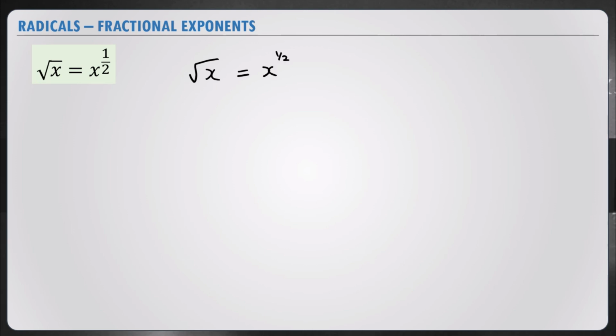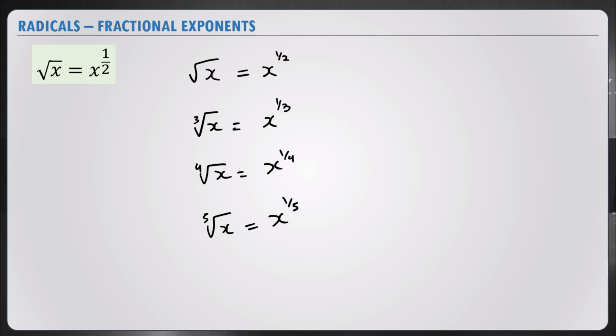Instead of square root of x, think of it as x to the power of 1/2. And cube root of x, think of it as x to the power of 1/3. Fourth root of x is x to the power of 1/4, and the fifth root of x is x to the power of 1/5. This makes calculations so much easier when working with large math problems.